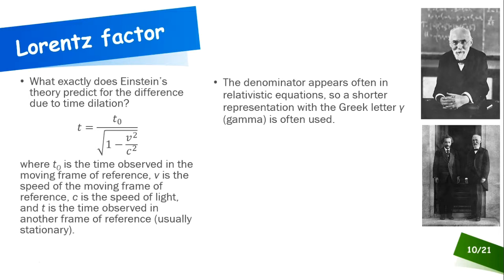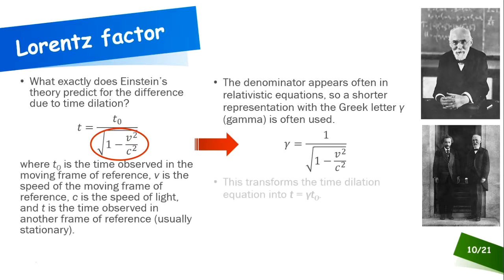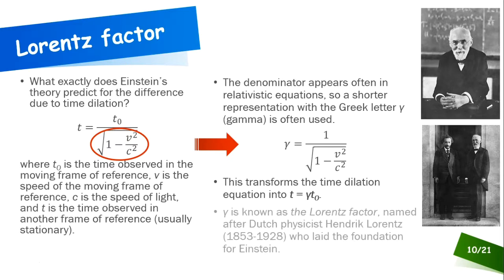Gamma is the symbol that we use to represent that special factor, which is called the Lorentz factor. So we could rewrite the same equation for time as t equals gamma t naught. And this is a much shorter and easier form of the equation. And as I said, it's called the Lorentz factor.